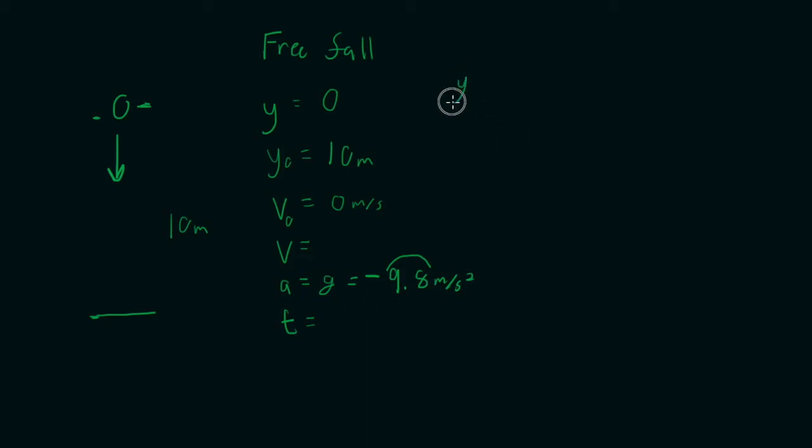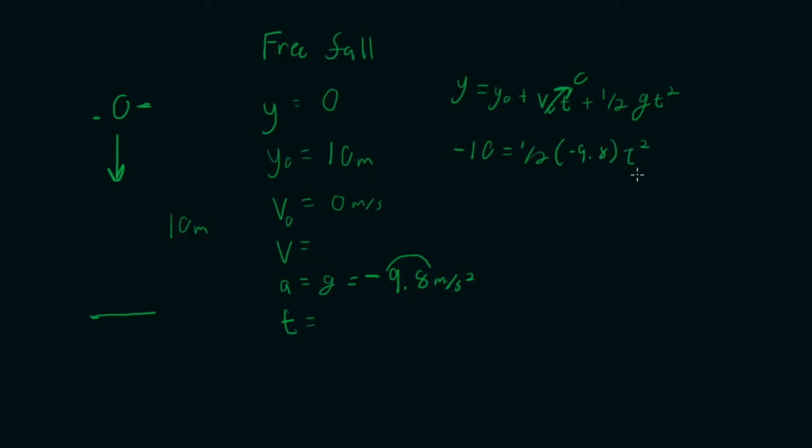So I can set up this equation. y equals y naught plus v naught t plus 1/2 g t squared. y naught is 10. I'm going to subtract that from both sides immediately, giving me negative 10 equals, and then v naught t is 0. And so I get 1/2 times negative 9.8 t squared.